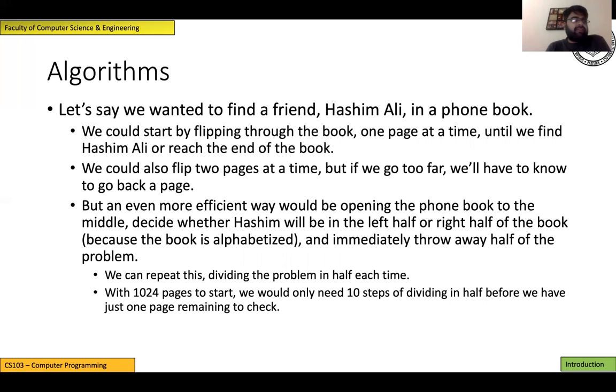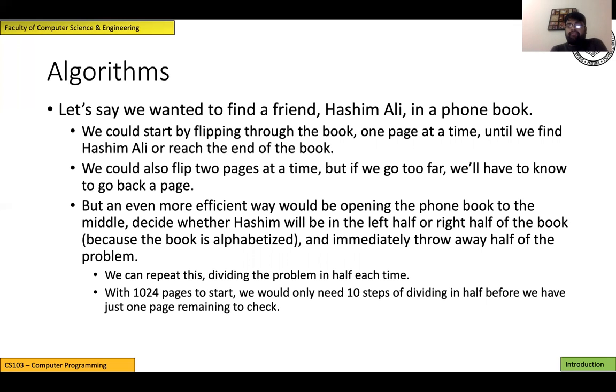For example, if your book is 1000 pages, and you're really fast and take 1 minute to process all the names on the pages that are open, think about it. 1000 pages are 500 page flaps, and that will take you 500 minutes to go through all of them to identify that Mr. Hashim Ali is not in the phone book, in the worst case scenario. And 500 minutes is a lot of time.